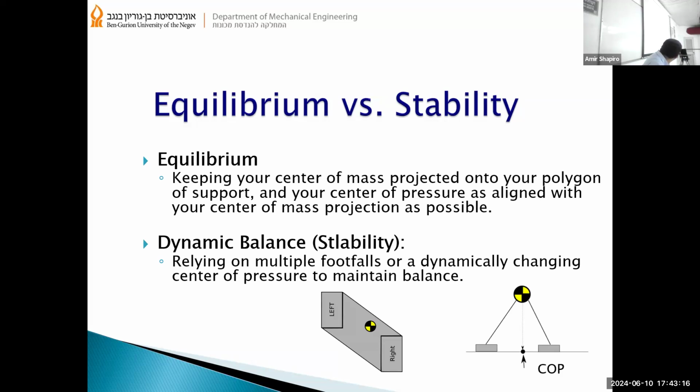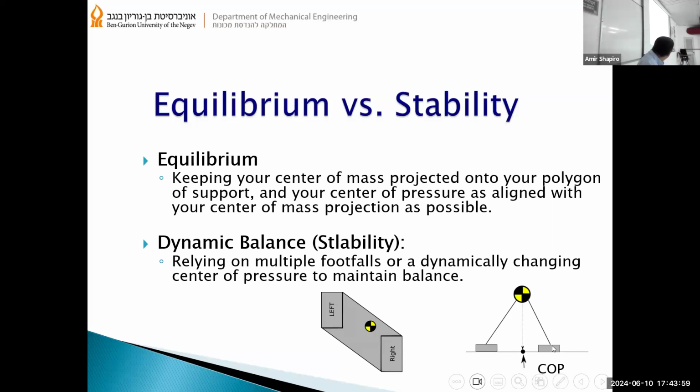As you can see here, this is leg 1, this is leg 2 of the robot, and the support polygon is the convex hull of the shape, the polygon that combines all these shapes, and the center of mass must be above this polygon in order to maintain balance.